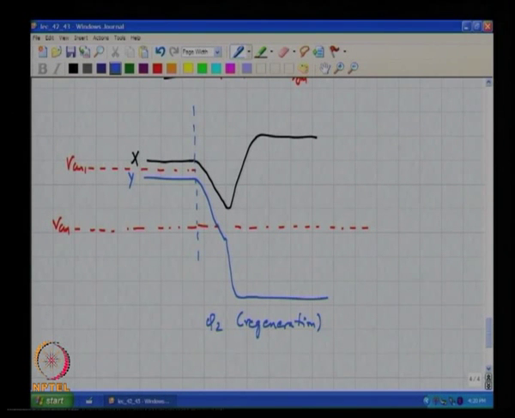Okay. Unfortunately, in practice what happens is that the two capacitors CP1 and CP2 are not only mismatched, they are also non-linear, okay.